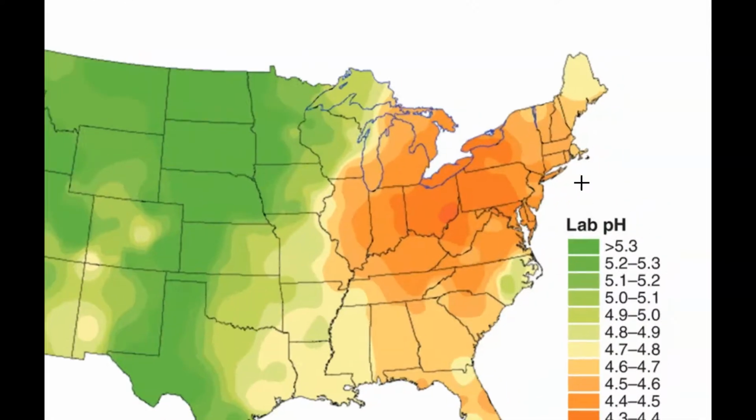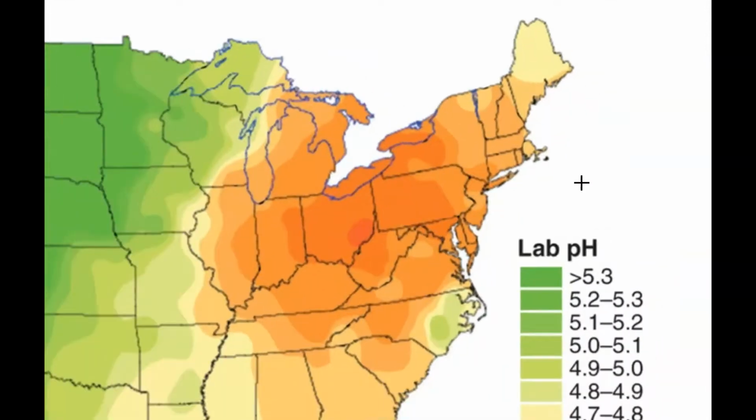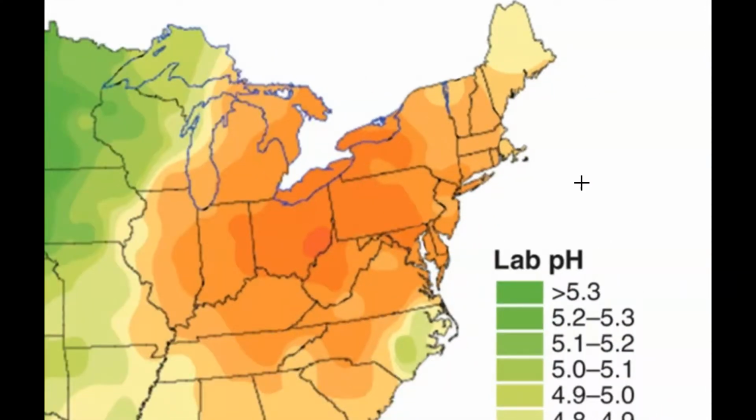If we are going to zoom in, we will see that in the state of New Jersey, we have two shades of orange, right? The rainwater is more acidic in the northern New Jersey. In the southern New Jersey, it's a little bit less acidic in the central Jersey.